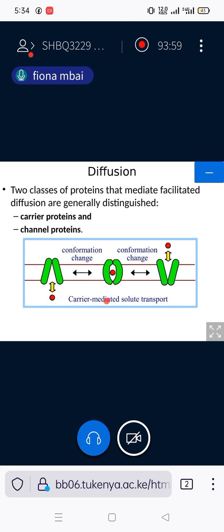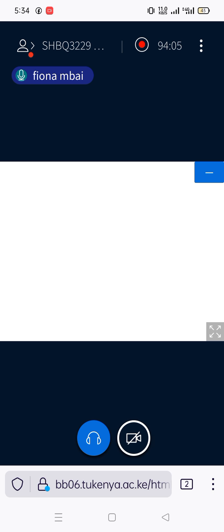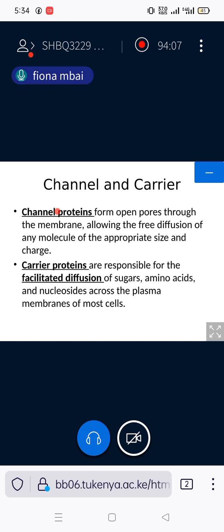So this is referred to as carrier-mediated solute transport. Very similar to the last slide, just a bit of artwork. So channel proteins form open pores through the membrane, allowing free diffusion of any molecule of the appropriate size and charge.